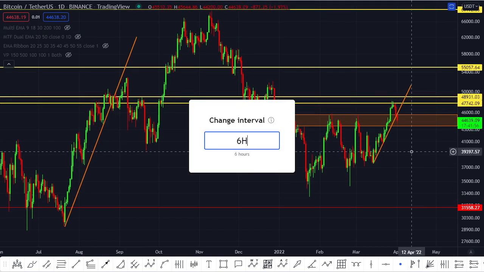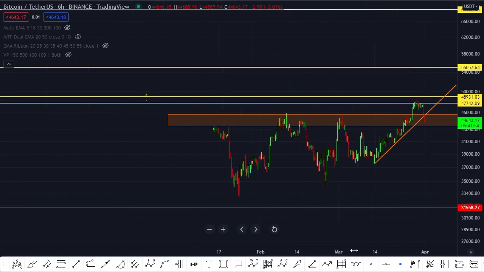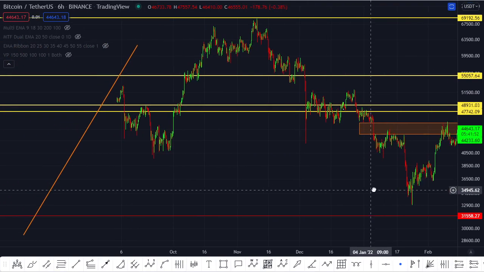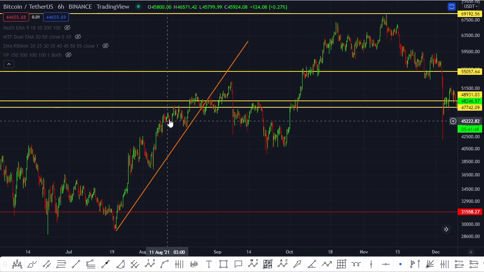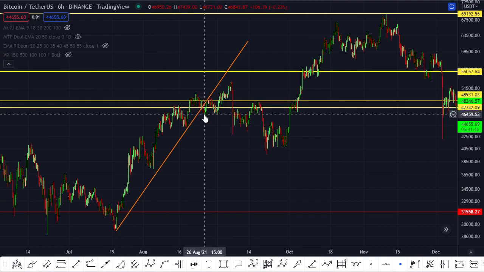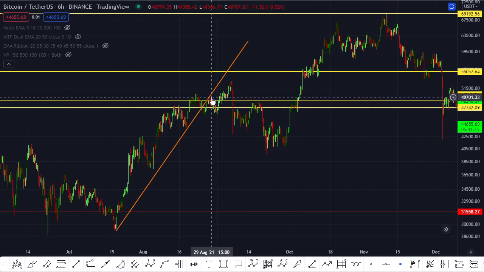I'm going to jump to the 6 hours so it looks slightly better. So on the 6-hour time frame, as you can see right here, you're bouncing on support, and then you lost support slightly, right? Consolidated for a few days, like a day maybe here, a day and a half, and then you started to move upwards, got rejected on previous support, now flipped to resistance, obviously, TA 101.